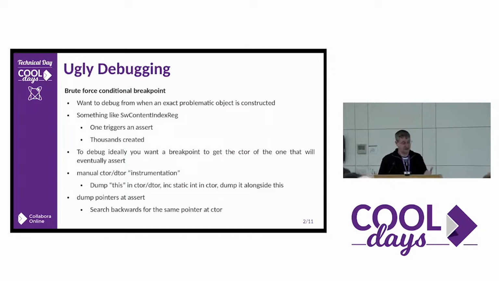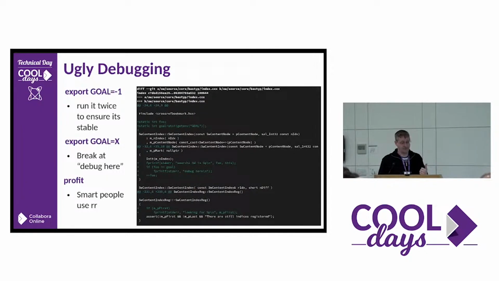So I just add in the fprints, I dump out the this pointer on it, I put in a static int, I increment the int each time, and I find out that it asserts on whichever one it asserts. I search back in the log, my sidlog, to see what number was that static int when it was constructed. If it was like 452, whatever it was, I just go back up to it.